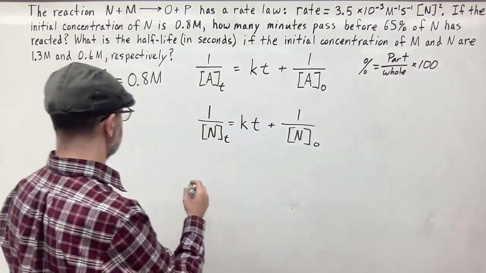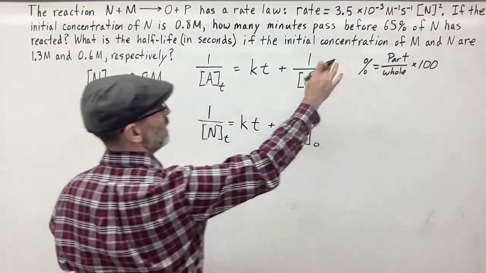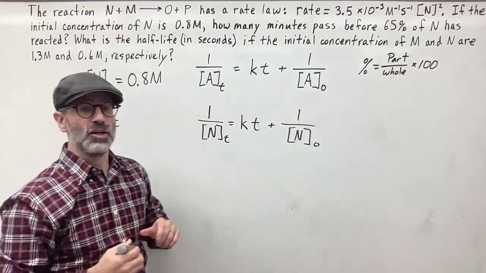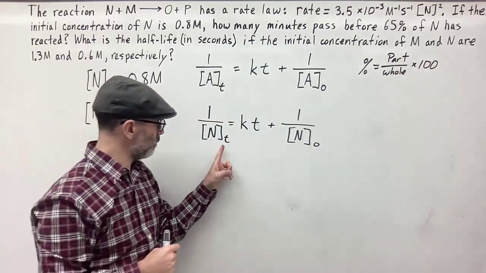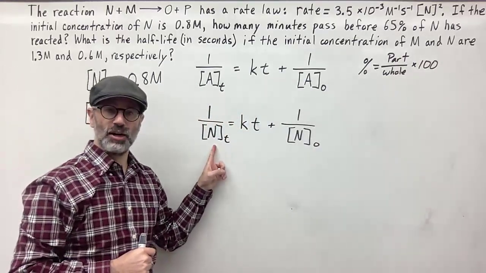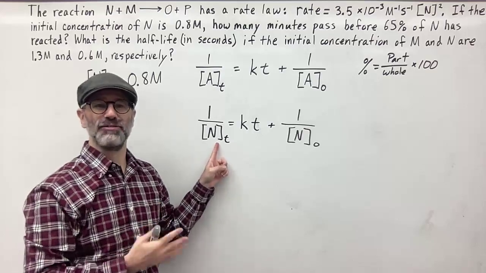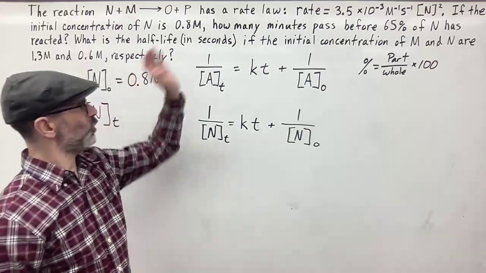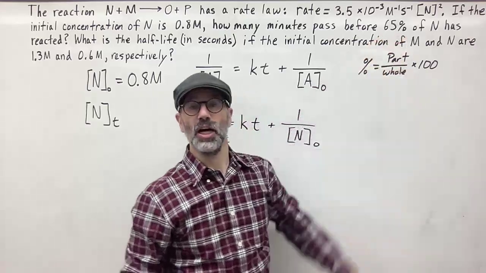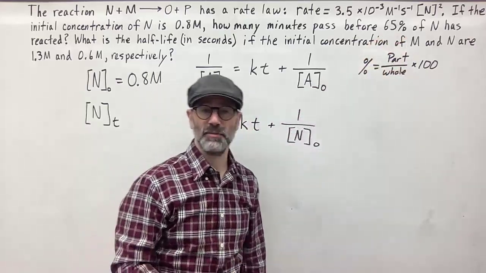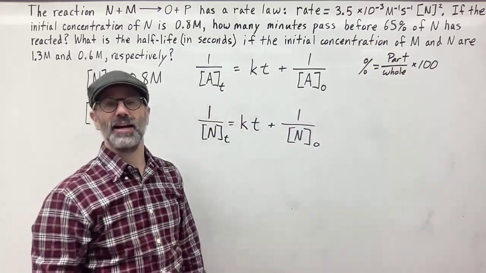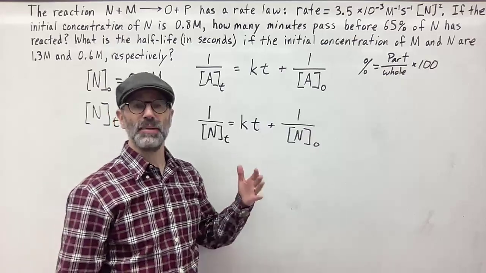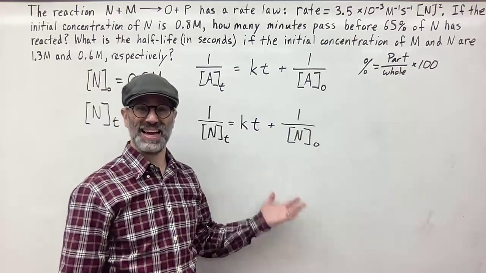In this case, the percentage we're given is 65% that has reacted. What we have to remember is that in our equation here, this is the amount that's left over after a certain amount of time. This is not the amount reacted. They're giving us the percentage of the amount that has reacted, which means that if 65% reacted, 35% is left.